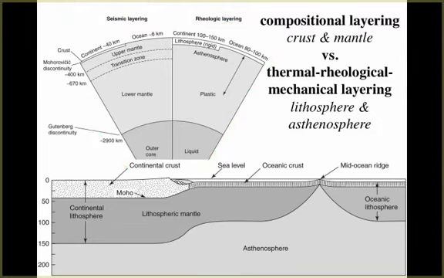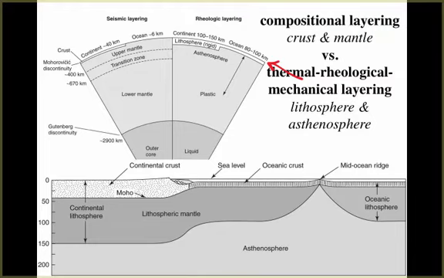Now, in terms of rheology, what I mean is a thermomechanical layering, so a rigid outer crust that is the lithosphere. So that includes the crust and the uppermost mantle, and comprises the tectonic plates.